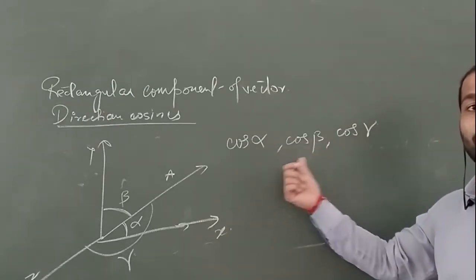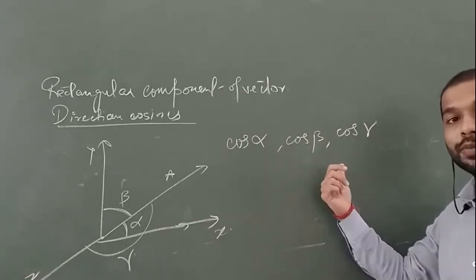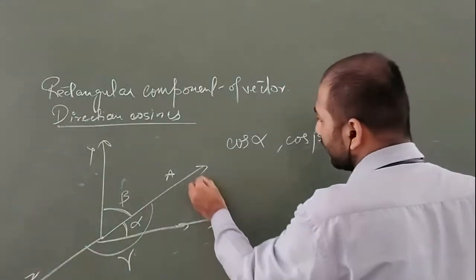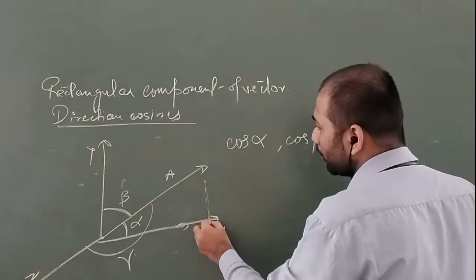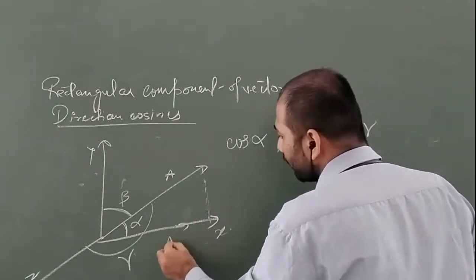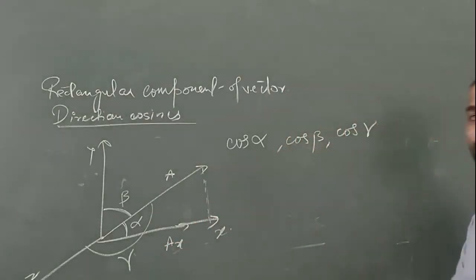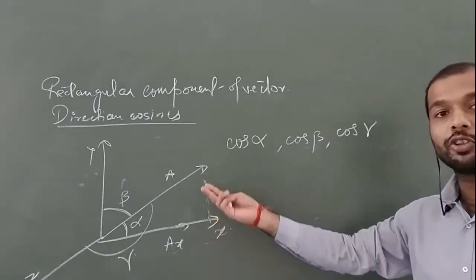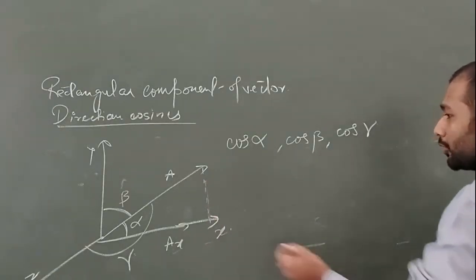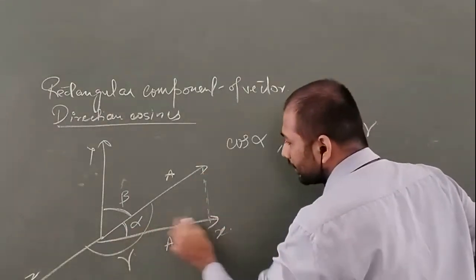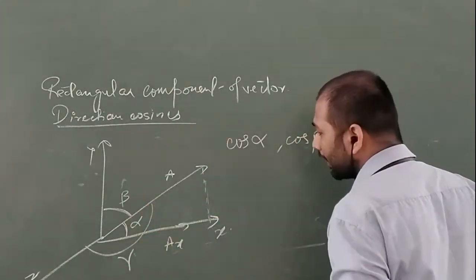Now let's see how we can write cos alpha, cos beta, and cos gamma. Again I will make a triangle over here. If I want to write the value of Ax, or projection of A on the x-axis, you can see this is acting as a base and this is acting as a hypotenuse.